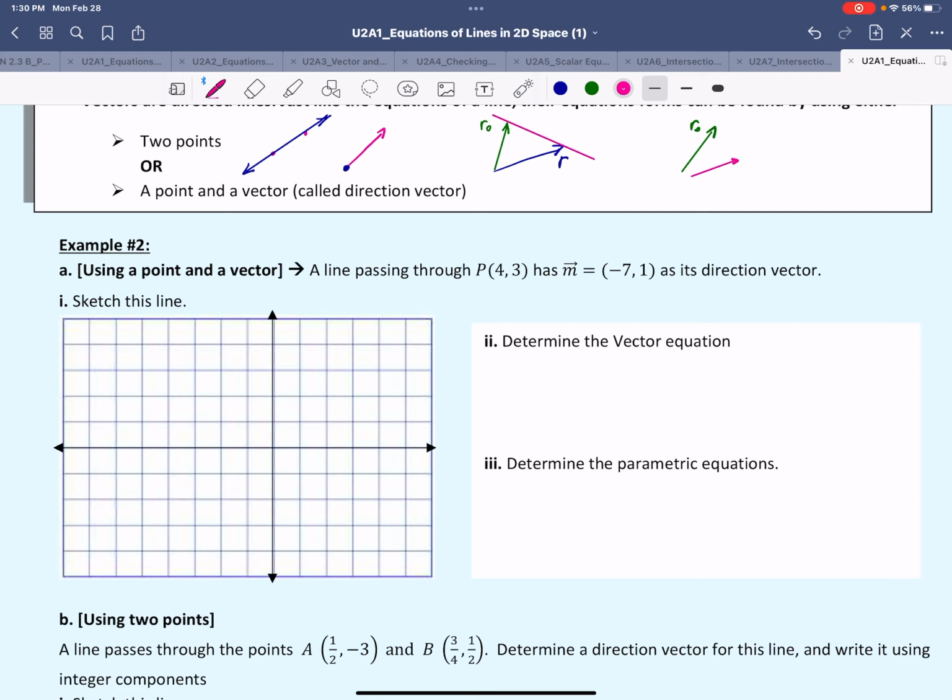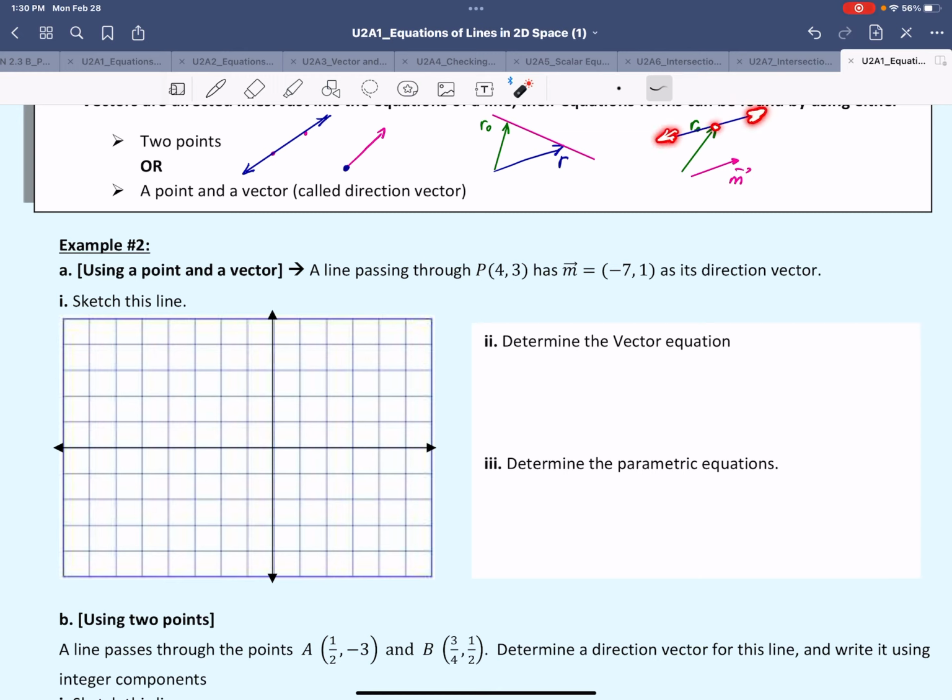In this way, we will know that the line must pass through the head of vector r0 and follow the direction of vector m. So this can again uniquely identify the location of the line: at the head of r0, following the direction of m.